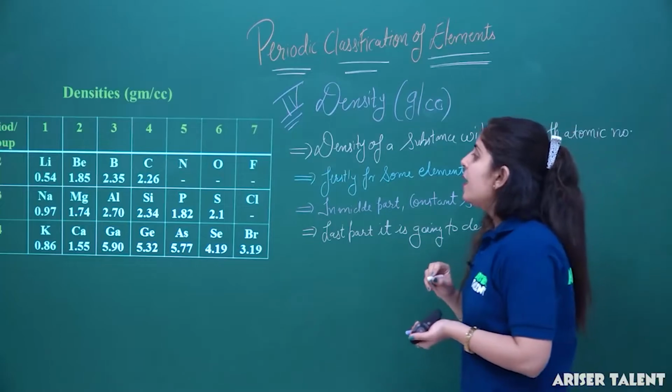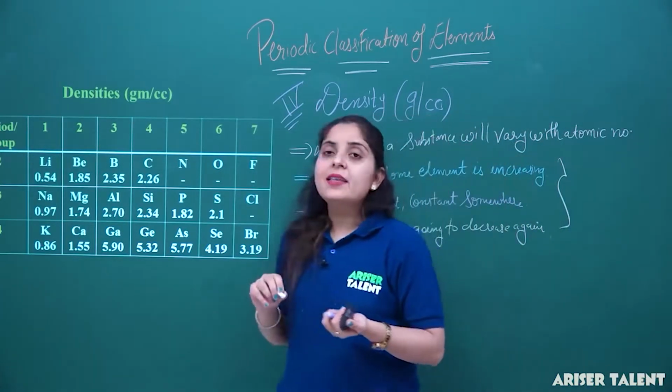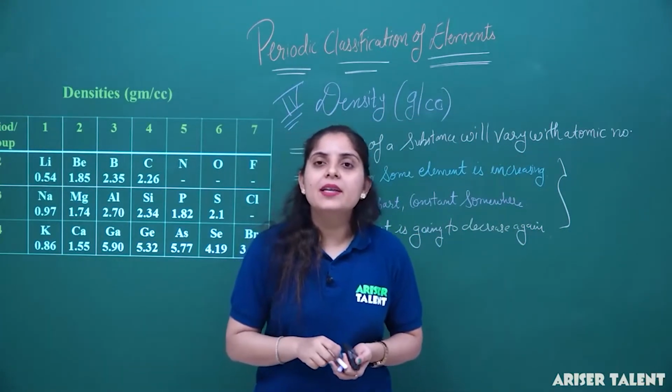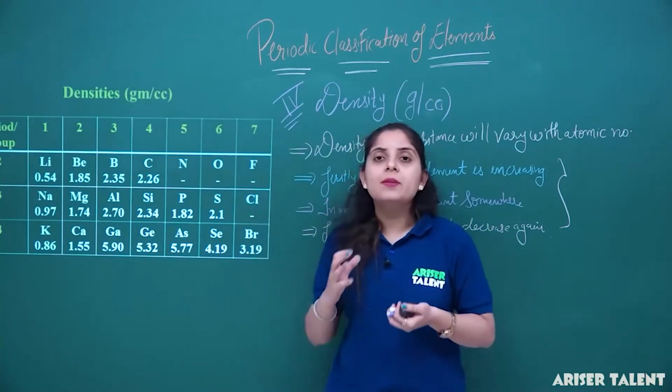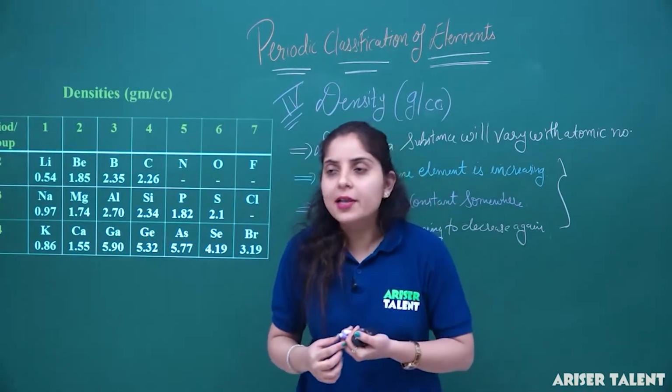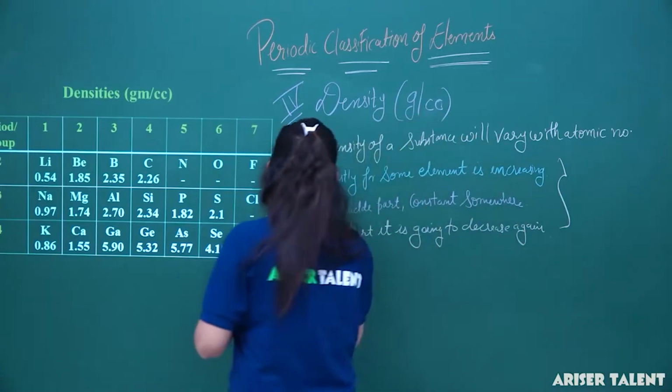Now you can see that for the liquid state, mercury has a density of 13.6 gram per cc, which is a very much greater density in case of liquids. So we have one more note here.